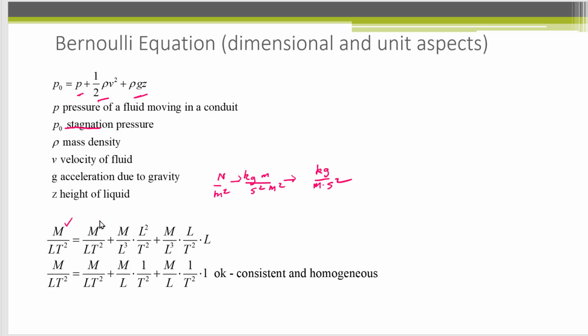I've just done the pressure side, the first term. You can work out these other terms, but they will cancel out, as you can see, rho v squared, and you get that cancellation, so that is correct. And in the last one, rho g z, you get two of these to cancel out with the 3 there in mass, length times squared. So this is consistent and homogeneous.